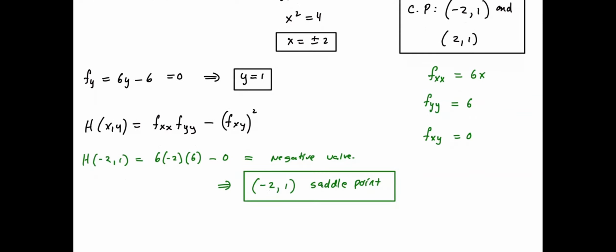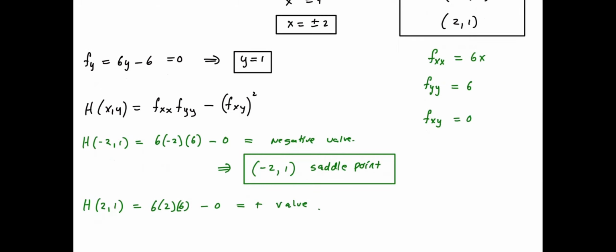And then for the next point, we have (2, 1). So let's check the Hessian at the point (2, 1). Again, I'm plugging into my Hessian. This is 6 times 2 times 6, and then minus 0. This is a positive value, which means if the Hessian is positive, and if we know our second derivative f sub xx is also positive at that point, that means we actually have a local minimum.